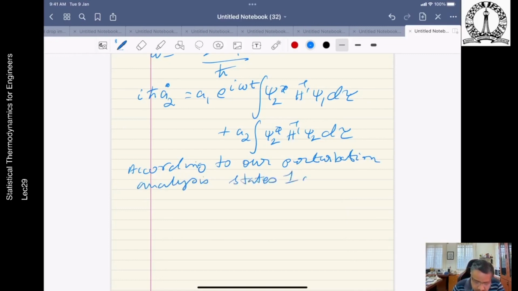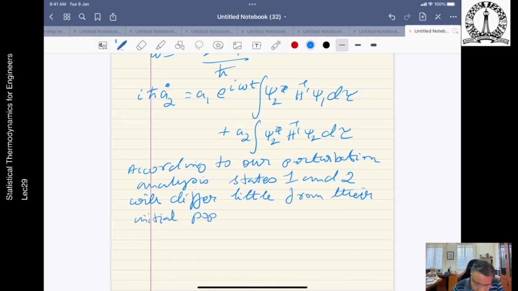So we have A1 almost equal to 1 and A2 almost equal to 0.